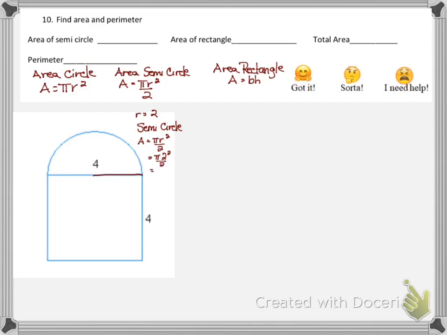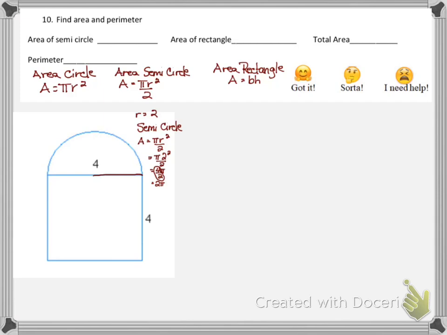If we want to keep this in the convention, 2 squared is 4, so I'm going to write it as 4 pi instead of pi 4. And then we would treat it as if pi was a variable, which it is not. Pi is actually a number. So we just take this part right here, 4 divided by 2, which is 2, so we end up with 2 pi.